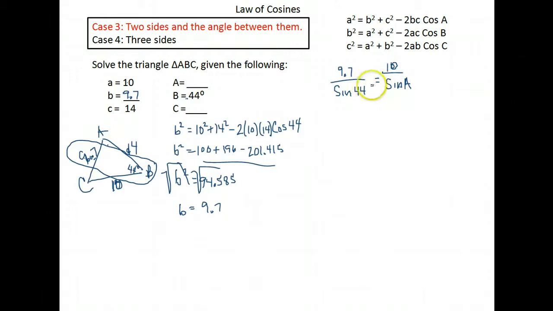It's in the denominator, and it's with the sine, so we start by cross multiplying to get it out of the denominator. Okay, next we divide both sides by 9.7. And I get the sine of A equals 10 times the sine of 44 divided by 9.7.